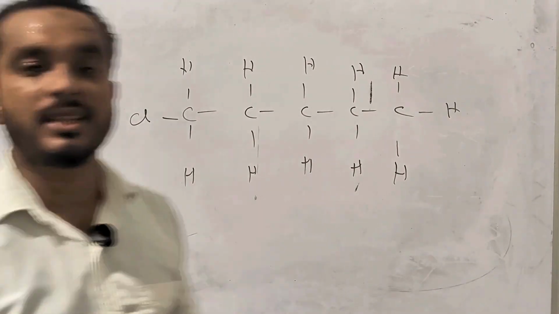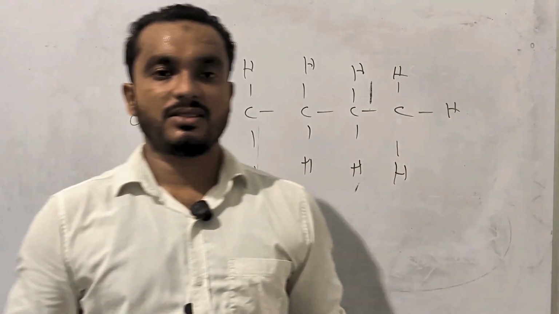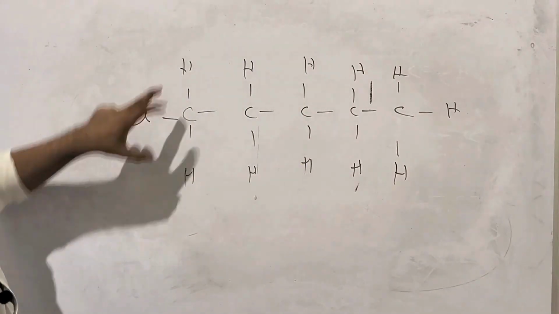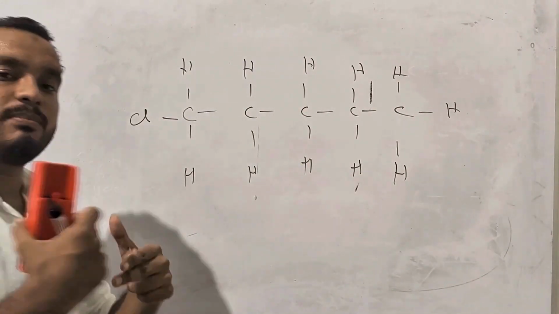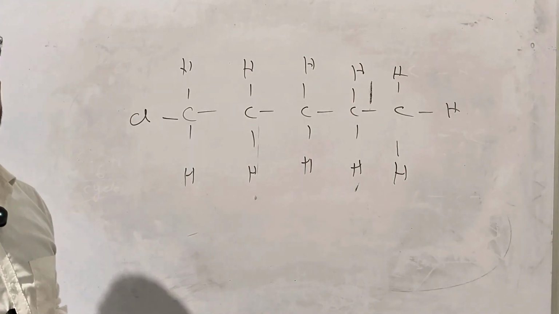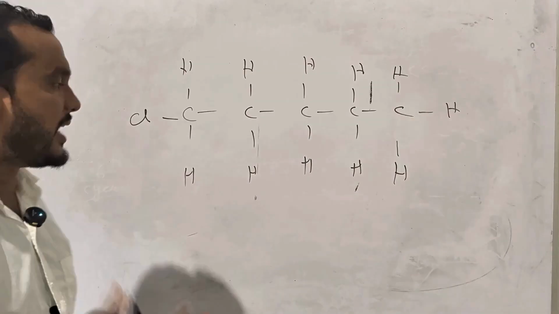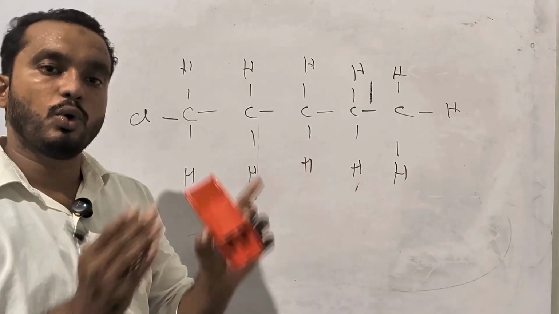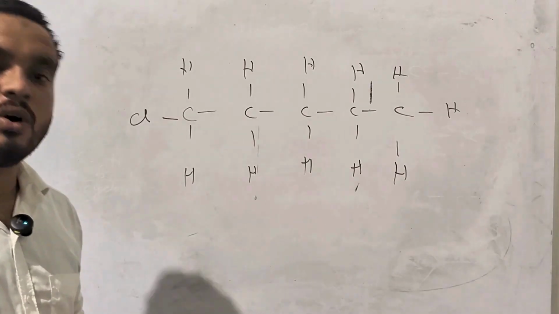Let me write the definition. What is a heteroatom? In a carbon chain, when one or more hydrogens are replaced with other atoms in such a way that the tetravalency of carbon remains satisfied, those atoms are known as heteroatoms.